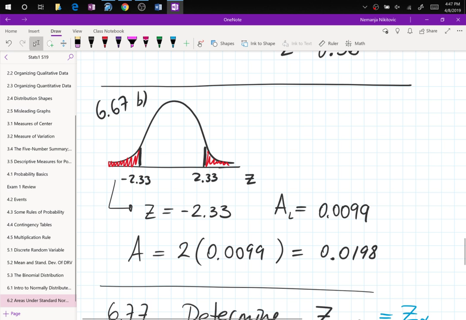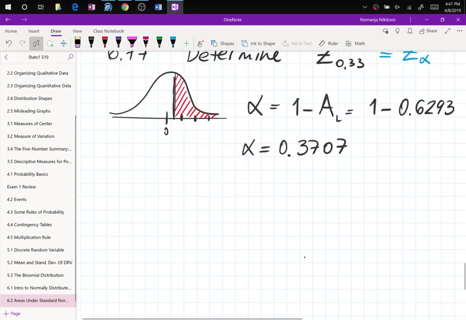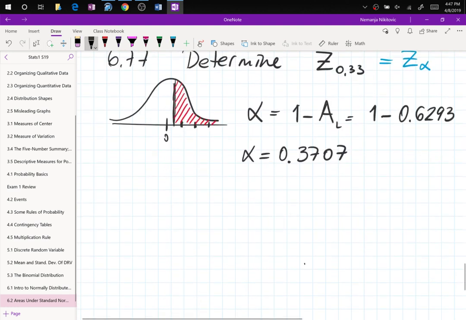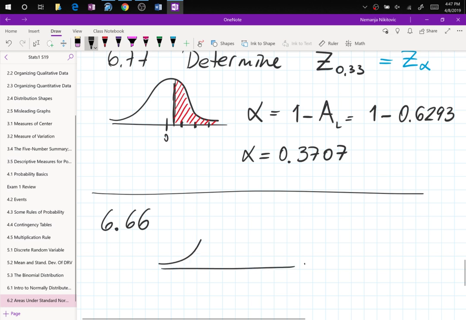Do they have a problem like that? Of course they do. Problem 666. Convenient, huh? So they're giving you two z-scores, negative 1 and 2.